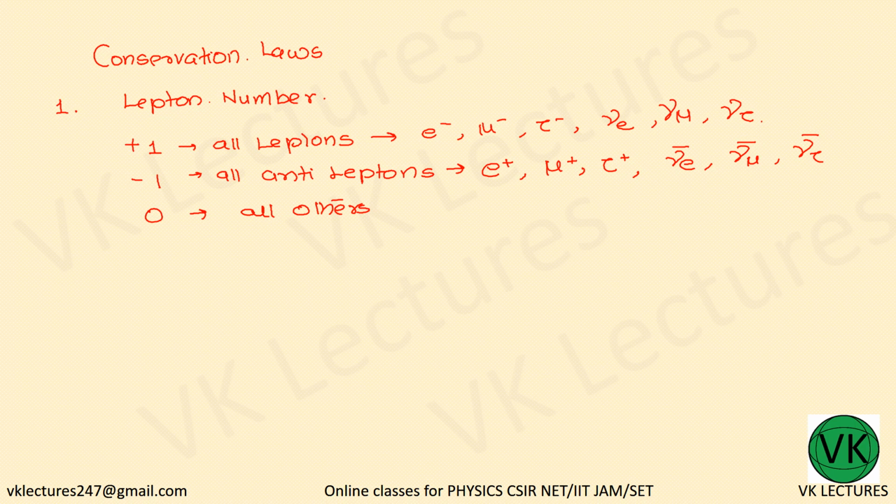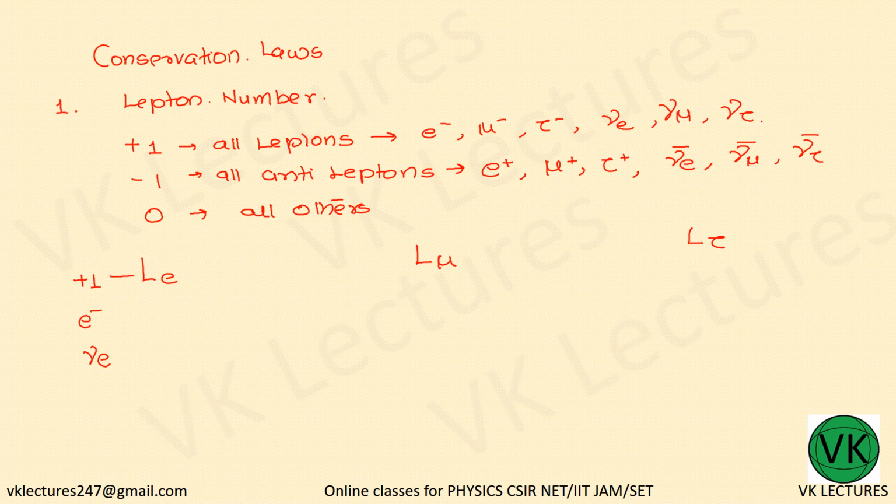Now, for lepton number, you have to classify the lepton number as L_e, L_mu, and L_tau. That means the lepton number for electron particle, lepton number for muon particle, and lepton number for tau particle. So for electrons, for L_e, the electron and nu e, its neutrino, are +1.